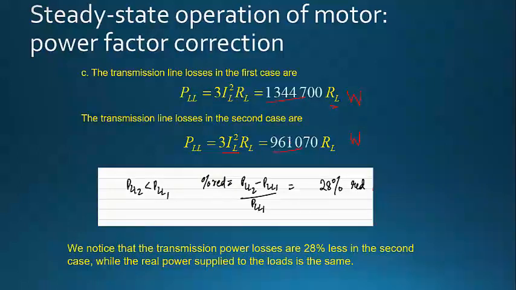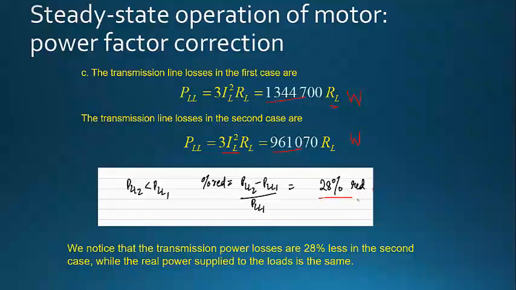Since we know that the power loss of the second one is less than the first one, the percentage reduction will be power loss 2 minus power loss 1 over power loss 1. If you do that substitution, you can see that the RL and the RL will cancel. You take your calculator and make this substitution, and we get a 28% reduction.